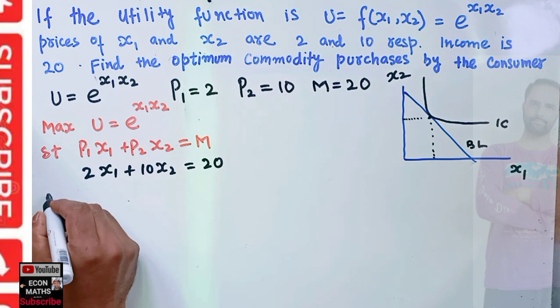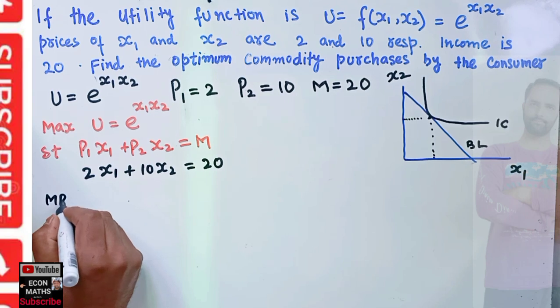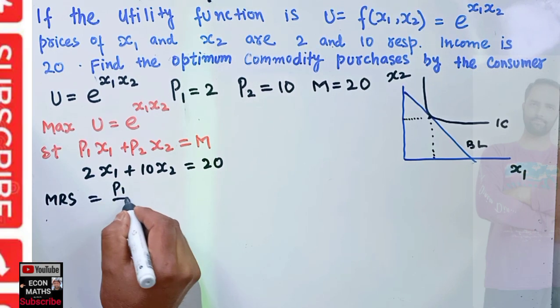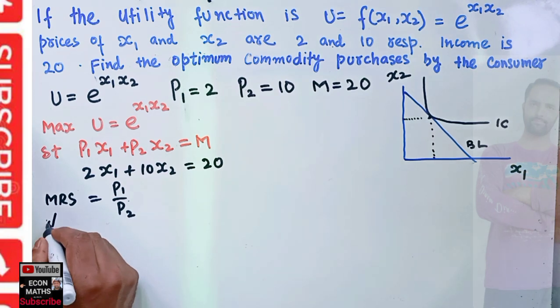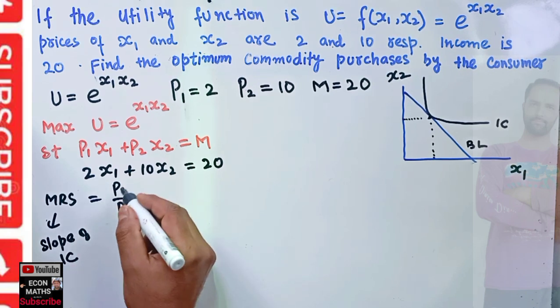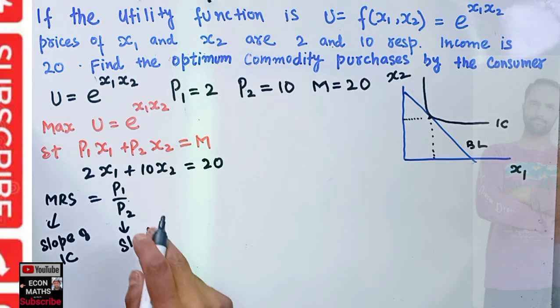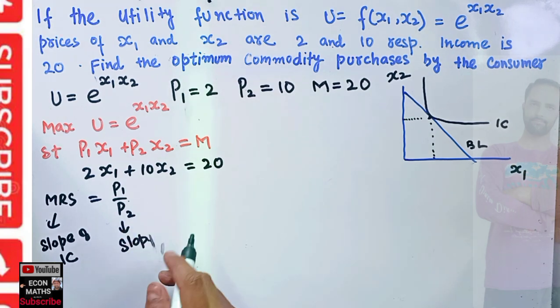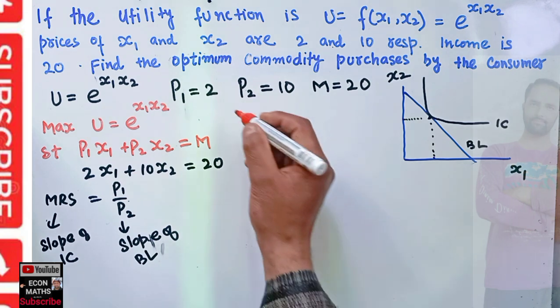The condition for optimum is simple: our MRS should be equal to the ratio of the prices, p1 upon p2. MRS is simply the slope of the indifference curve, and this ratio denotes the slope of the budget line. At the optimum, the slope of the indifference curve should be equal to the slope of the budget line.